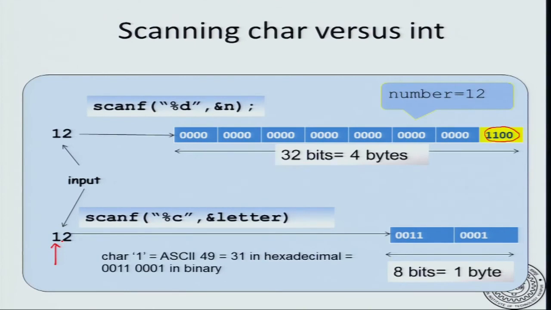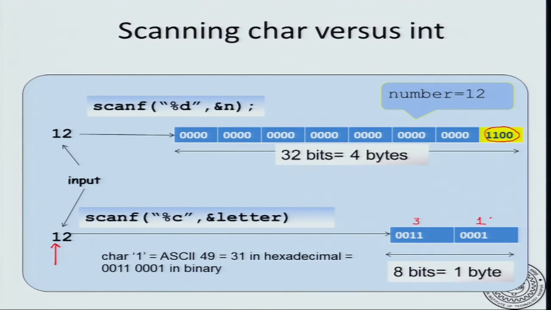Now, character 1 is ASCII 49, it is not important you remember that, but it has some ASCII value, and that ASCII value 49 is 31 in hexadecimal, because it is 3 times 16 plus 1, which is 48 plus 1, 49. So the character 1 is 31 in hexadecimal, and hence what will be stored, remember that an ASCII character is 8 bits wide, so it will store 31 in hexadecimal. So it will be the number 3, and the number 1.